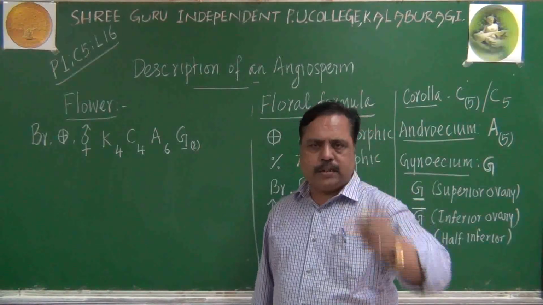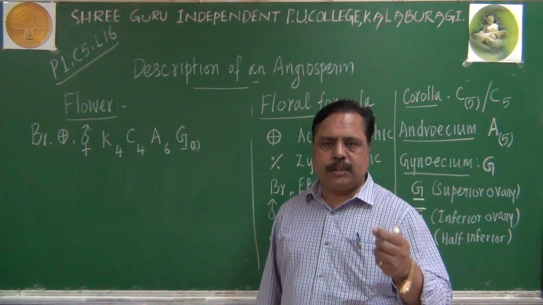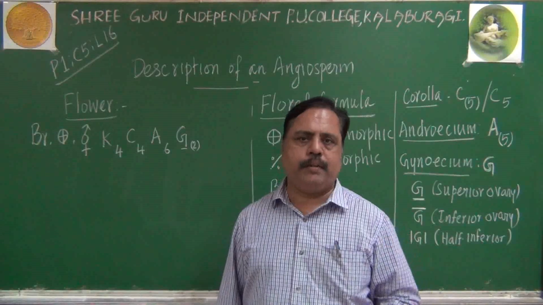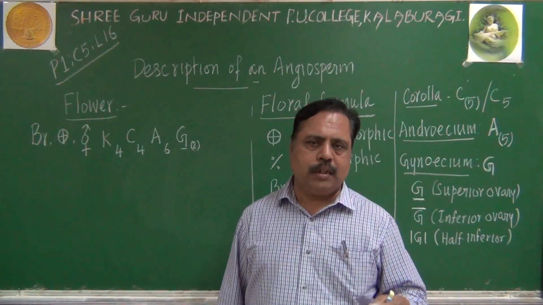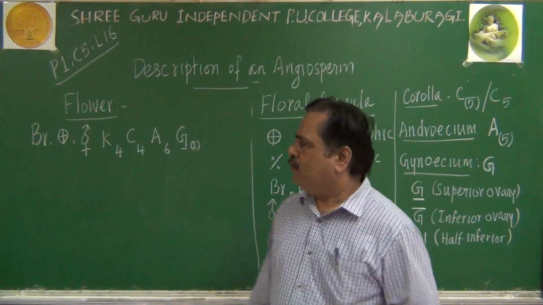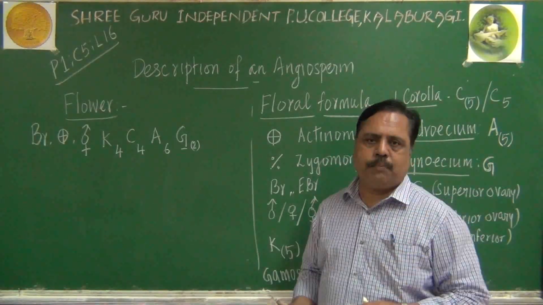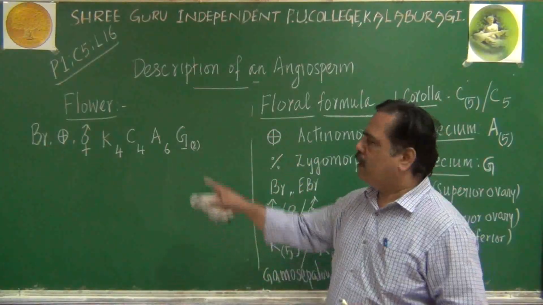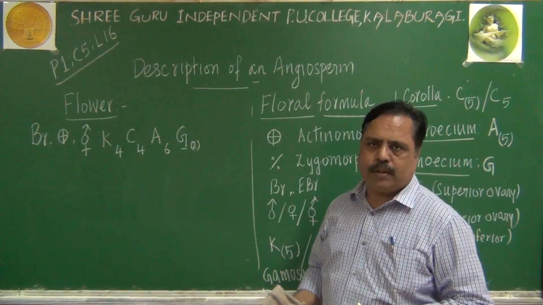When we write a description about an angiosperm, it must have some points related to its habitat, root system, shoot system, then leaf, inflorescence, flower, everything. When we come to the flower, there is a symbolic representation of a flower by using the floral formula. I gave you one example for a floral formula here.